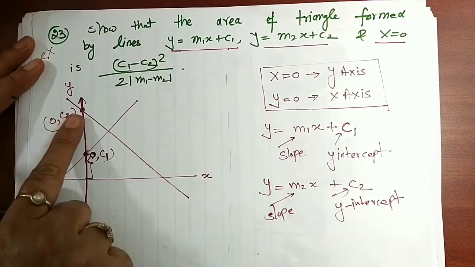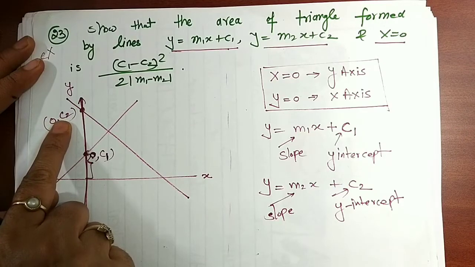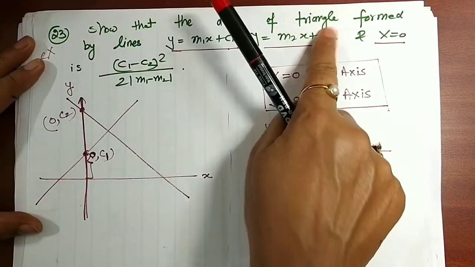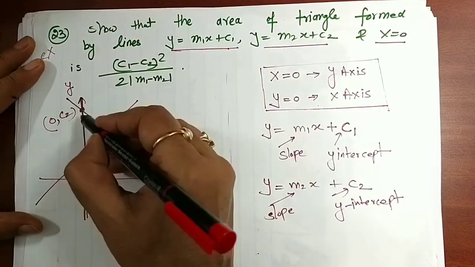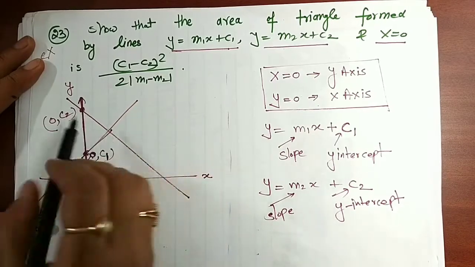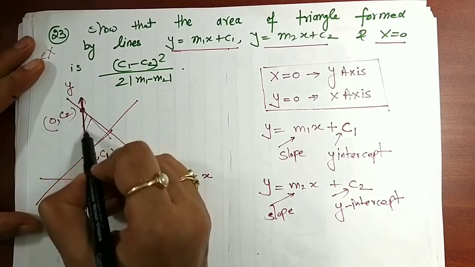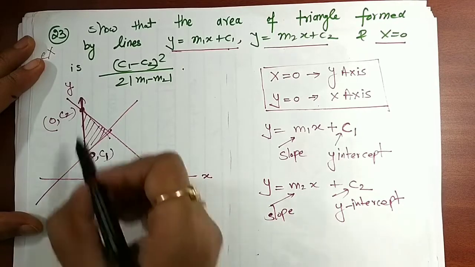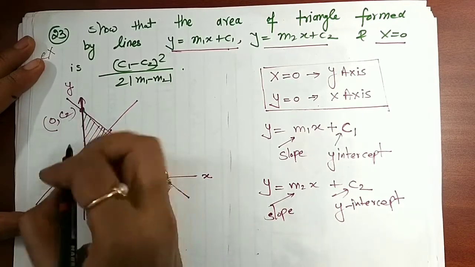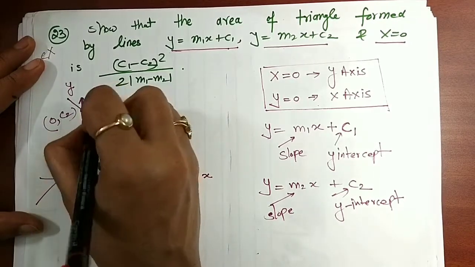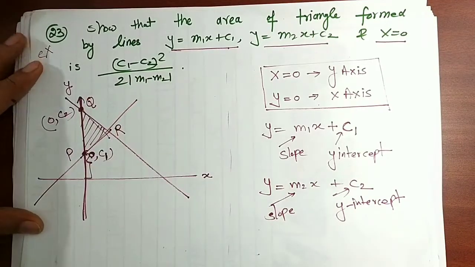So this point will be (0, c2). They are saying the triangle formed by these three lines. So this line and this line make this triangle clearly. Suppose this is P, this is Q, and this is R. We need this area.